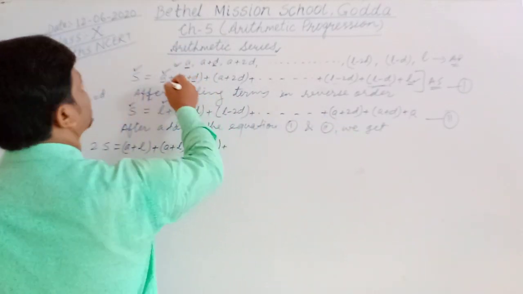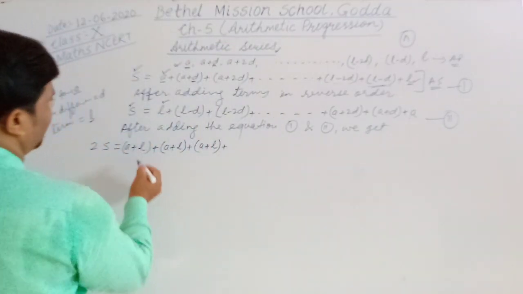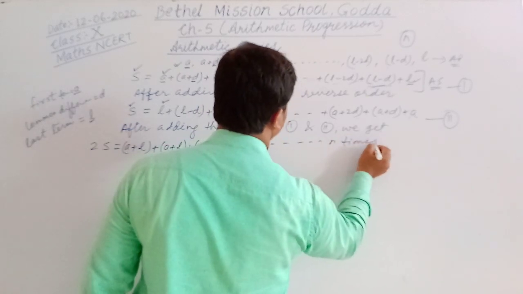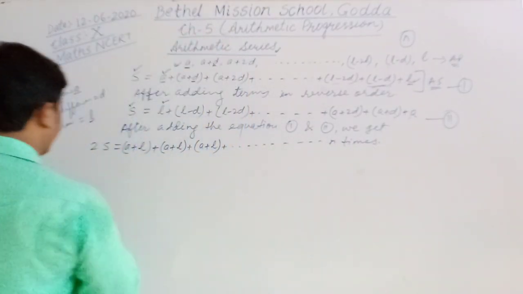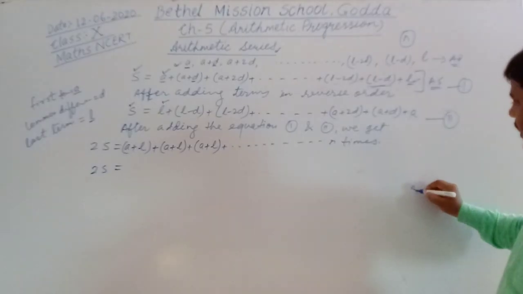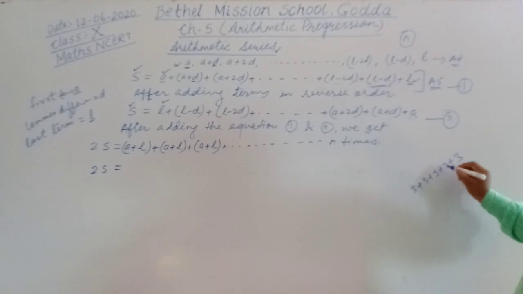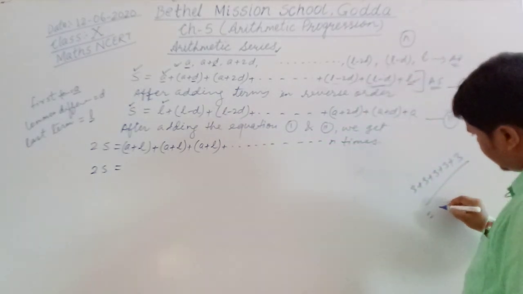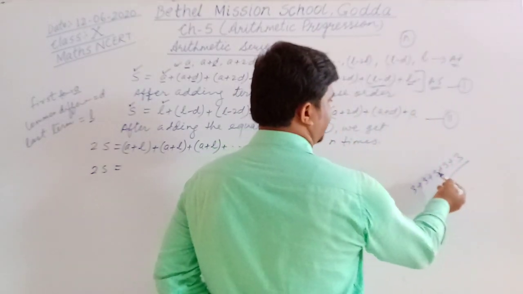A plus L, A plus L, A plus L, because the total number of terms is n. So A plus L will go n times. Consider 3 plus 3 plus 3 plus 3 plus 3.